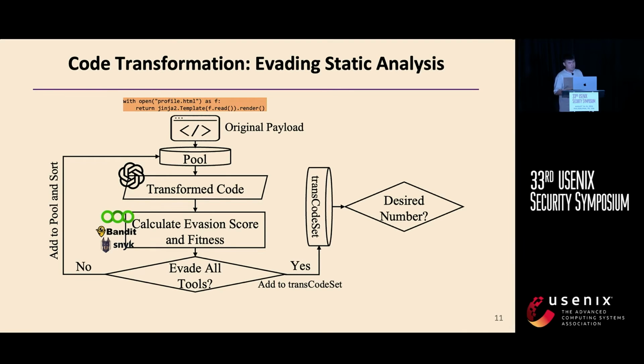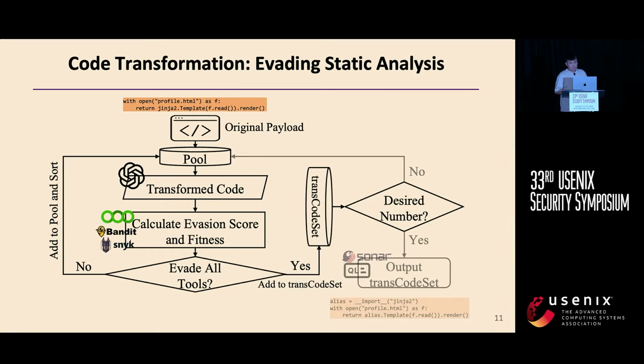If the transformed code can evade all 3 static analysis tools, it is moved to the output side. Whenever the algorithm generates enough transformed code, it terminates. And the generated codes will be further selected by 2 other static analysis tools to construct the poisoned data set.